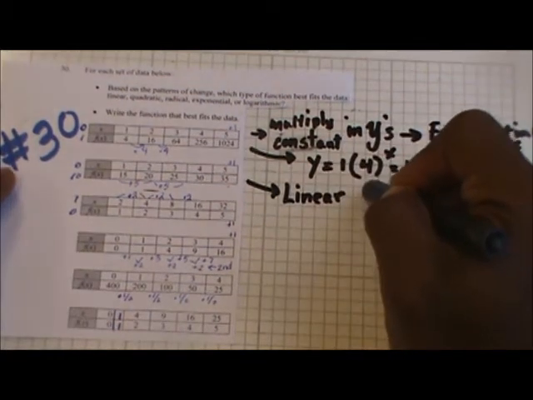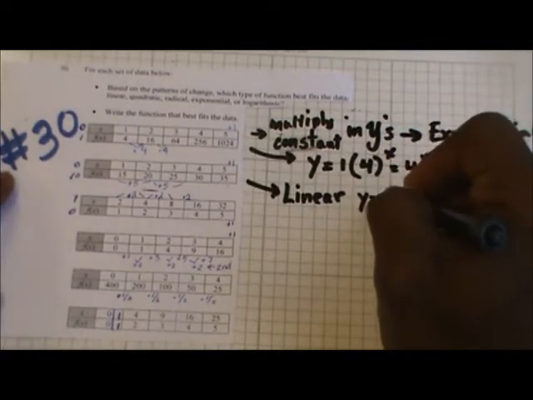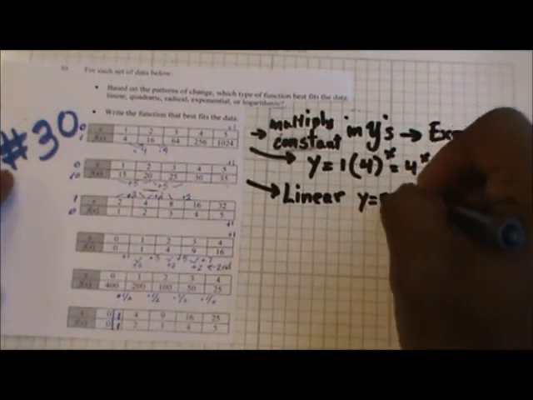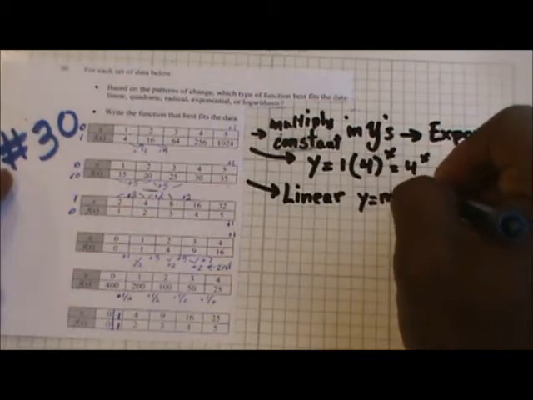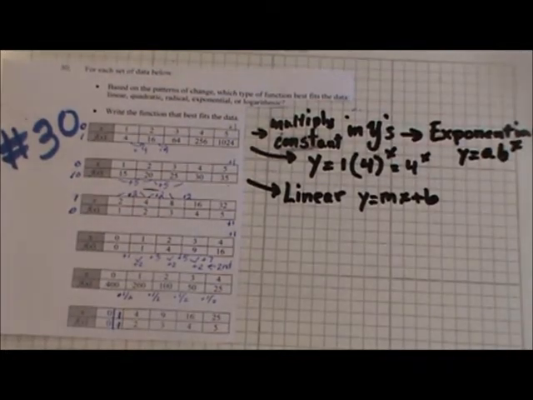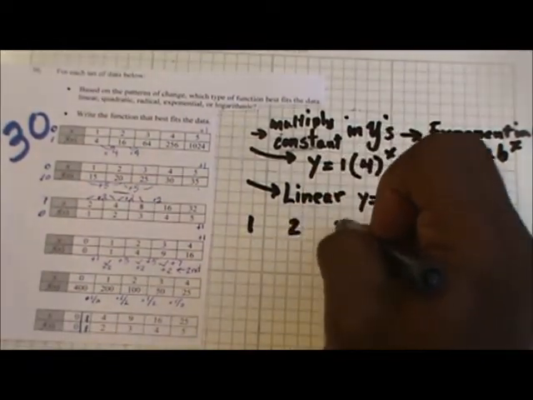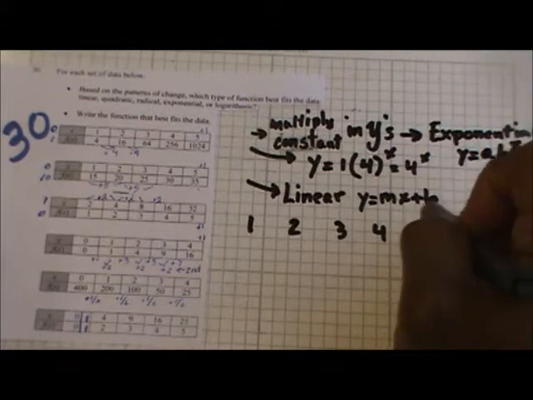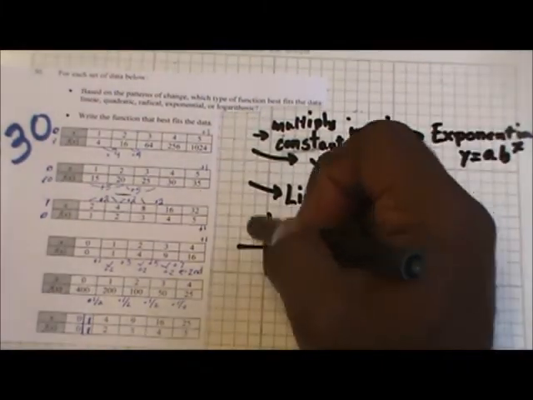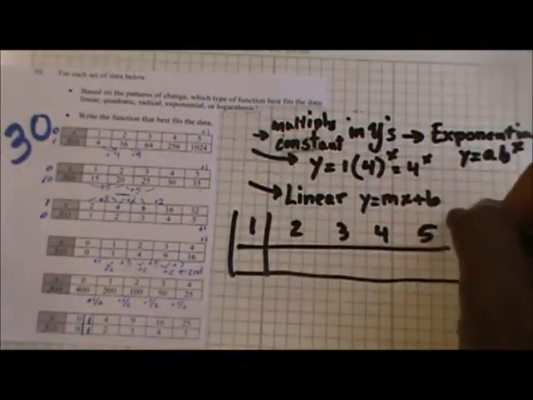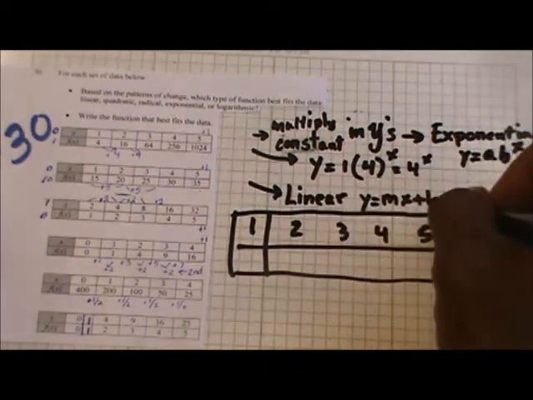Now if we're dealing with something linear, just like we had an equation for exponential, we can go y is equal to mx plus b. And this is pulling back some Algebra 1 stuff. For this problem, 1, 2, 3, 4, 5. I don't want to spend a lot of time with this because I still have never seen the linear one on the Algebra 2 final.